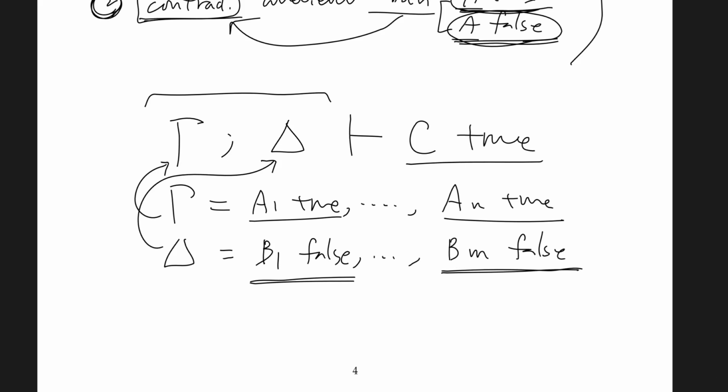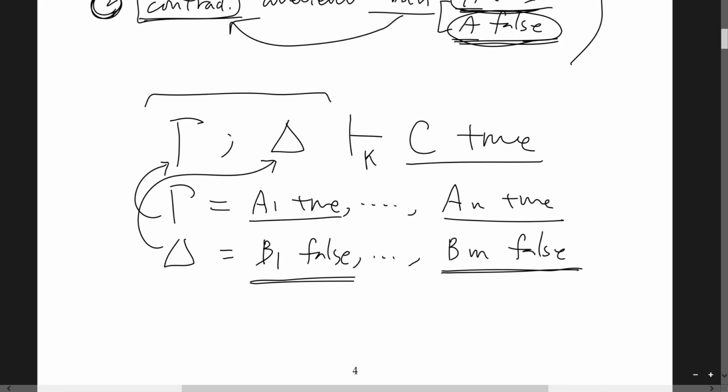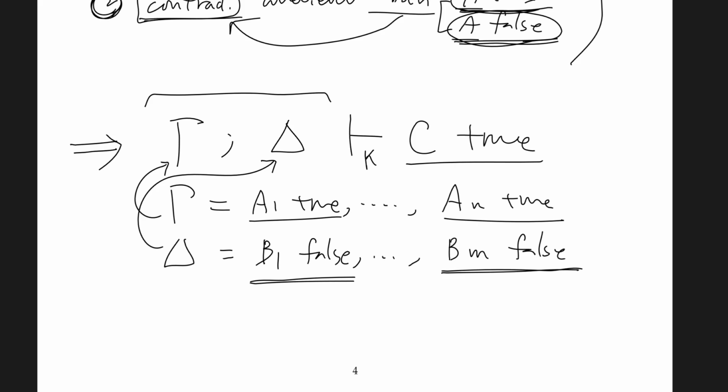And we could also use the subscript k to denote classical logic. So this is the new form of hypothetical judgment that we are going to use to formulate classical logic.